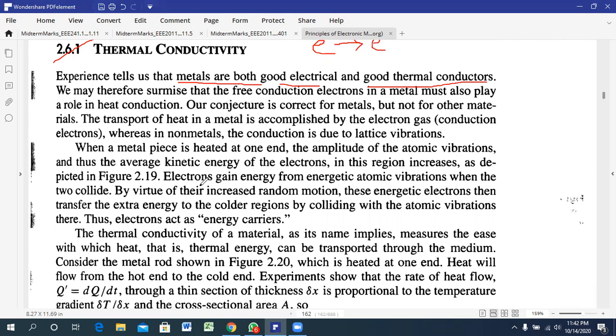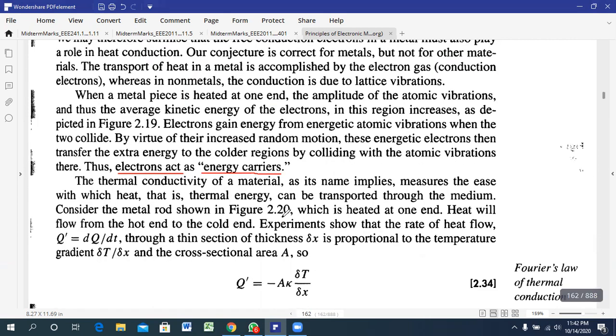Due to these atomic vibrations, the energy will transfer from one position to another. So these electrons act as energy carriers. That means they carry the energy from one position to another. So these are the basic concepts.